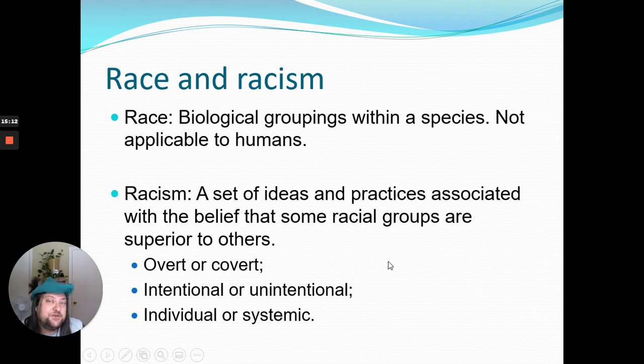So, other concepts that are touched on in this chapter will come back throughout the semester, and these are important ones because there's an older history in anthropology that is discussed a little bit in chapter 1. I suggest that you do have a look at it because it's important to know that background.